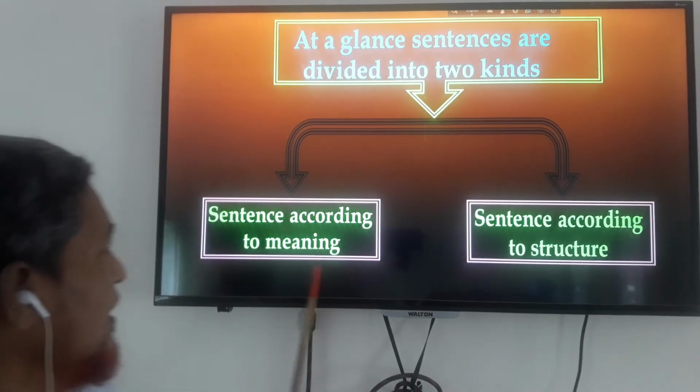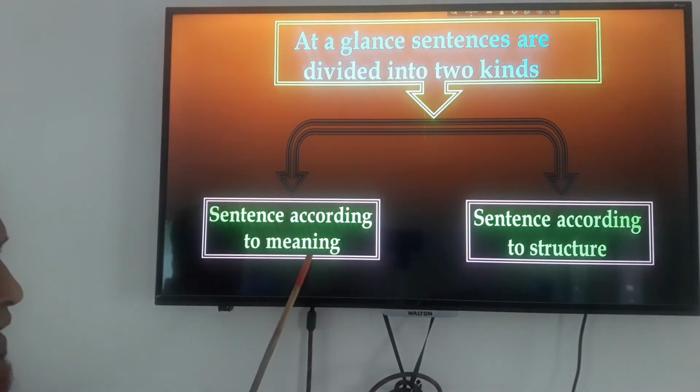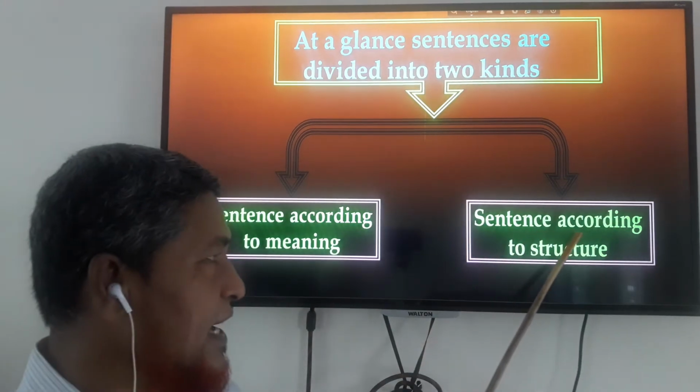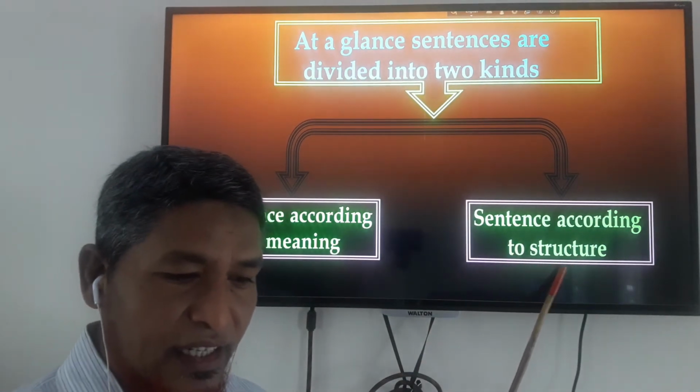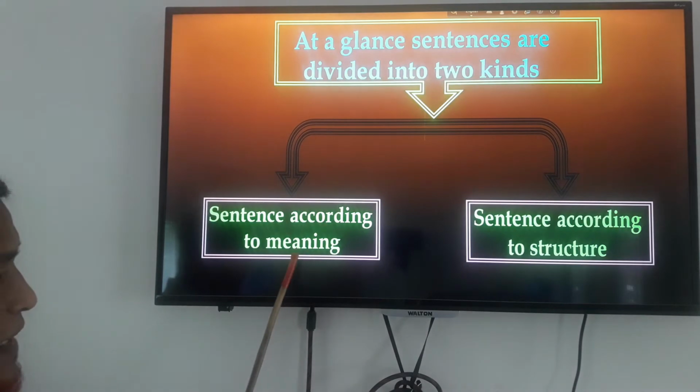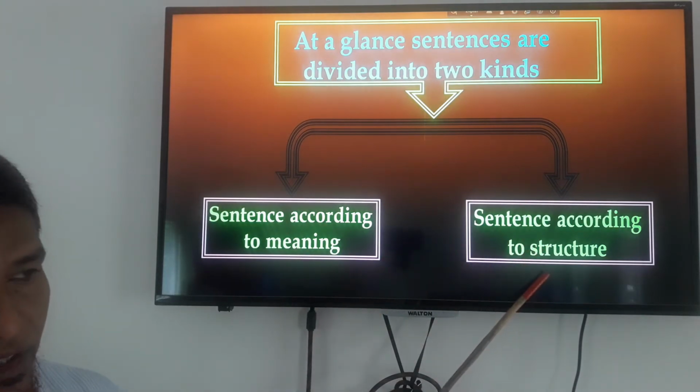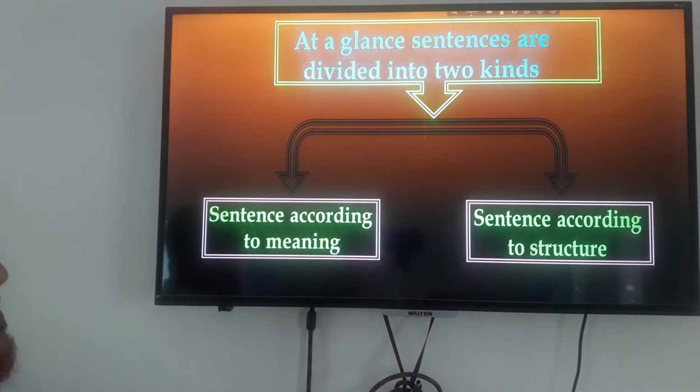First of all, sentences according to meaning and sentences according to structure. There are two kinds of sentences.